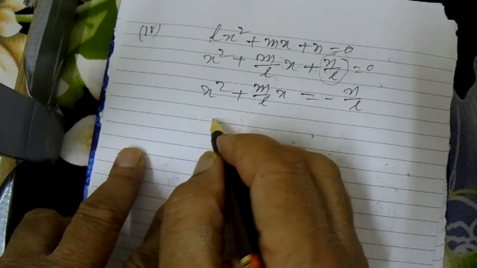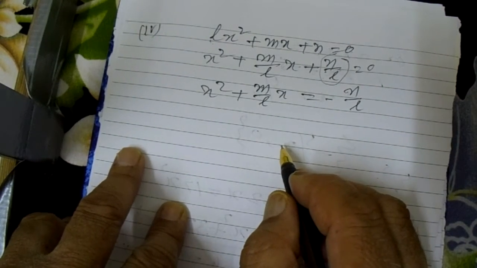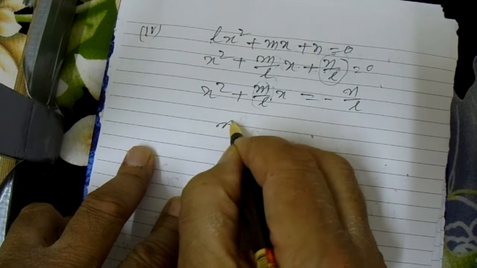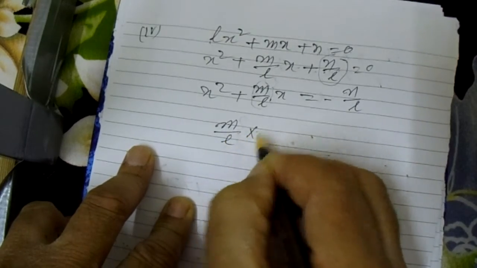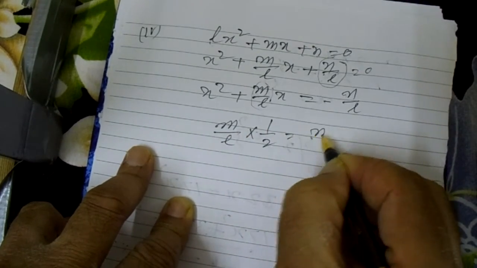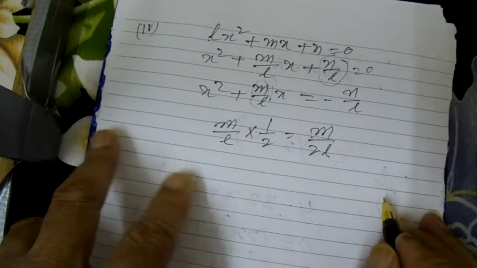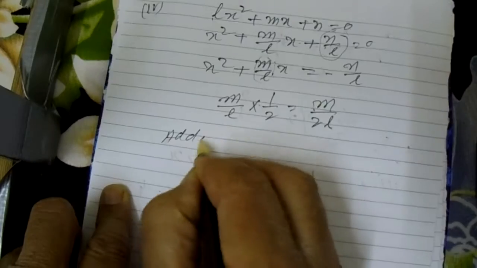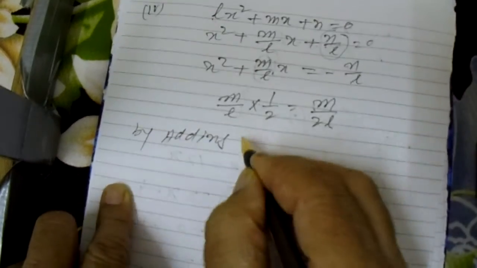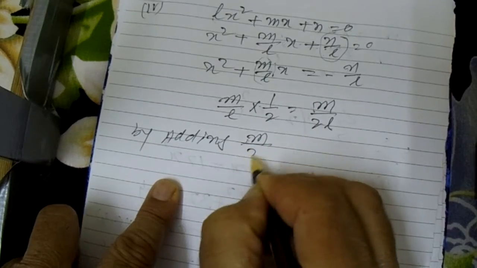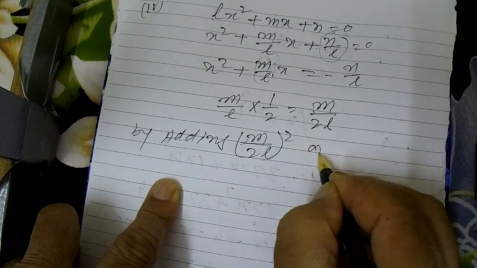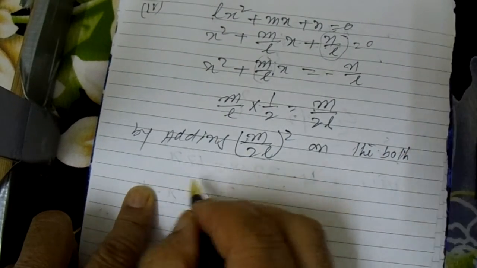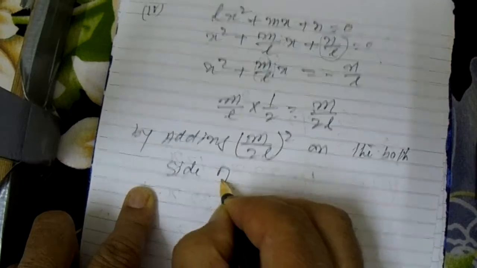Now what do we add? We add the square of half the coefficient of x. The coefficient of x is m over L, multiplied by 1 by 2 is equal to m over 2L. Now we add the square of this, m over 2L whole square, on both sides of the equation.